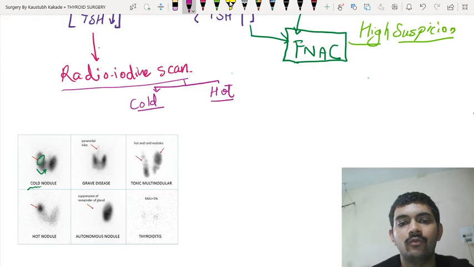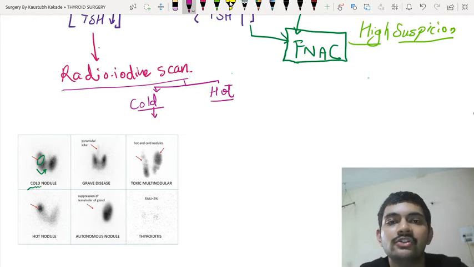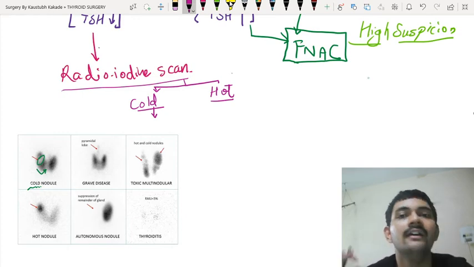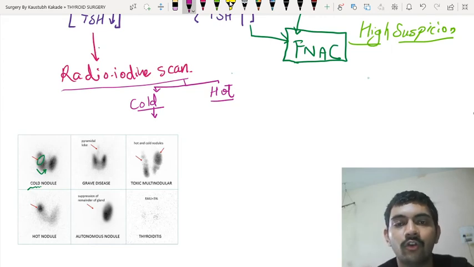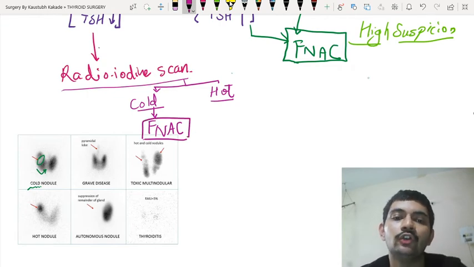If I am having a cold nodule, this is going to be a high suspicion, because in spite of having a low activity, why is the patient hyperthyroid? There is some malfunctioning definitely going on. So in that case, what are you going to do? You are going to do a FNAC, fine needle aspiration cytology, to rule out that suspicion.